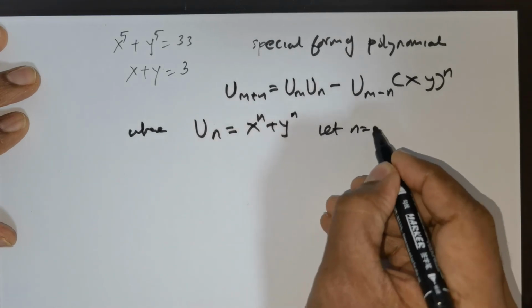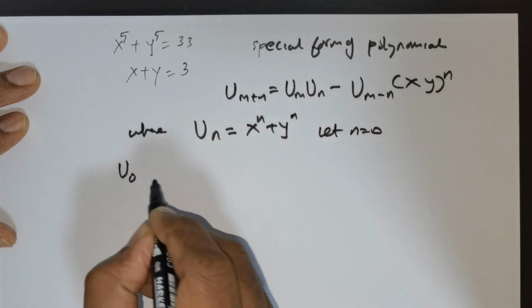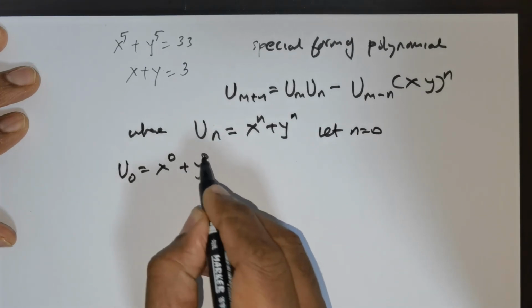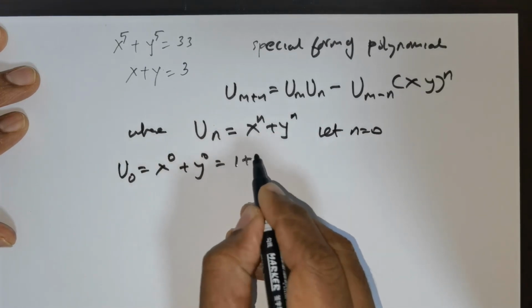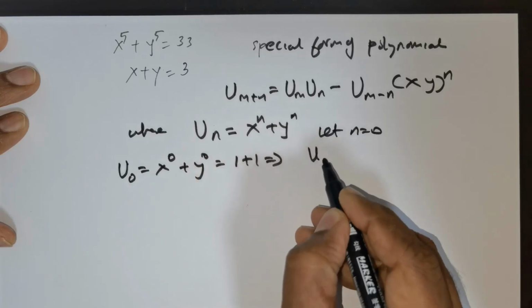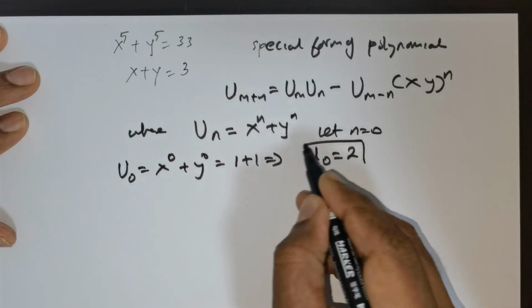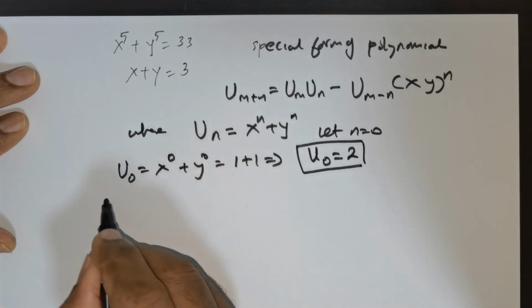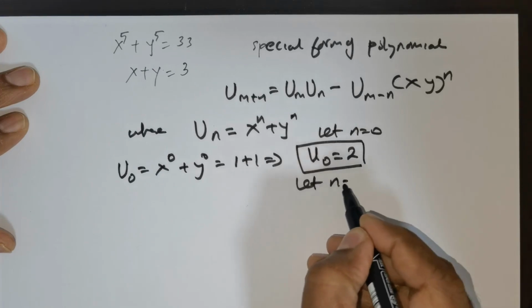Now if I were to take n equal to 0, I get u_0 = x^0 + y^0, which is 1 + 1, which implies u_0 = 2. That's an important value that we have got. Now let me take n equal to 1.